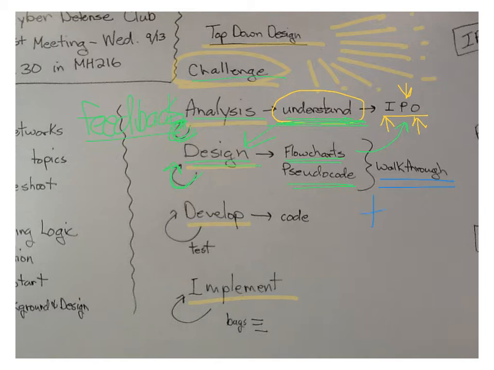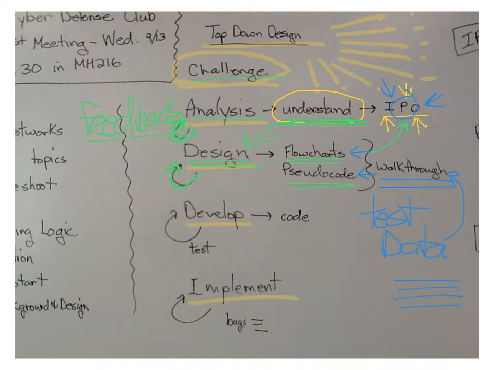Get some test data, and we walk it through the designs, one or the other. We make sure that we're getting what looks to be the correct output with a particular input. Is the process working?